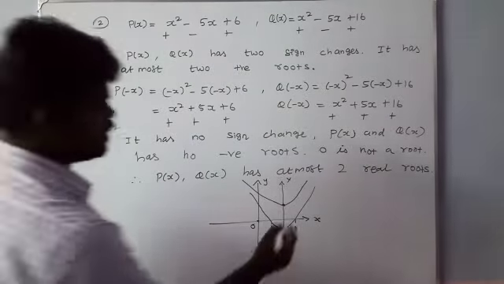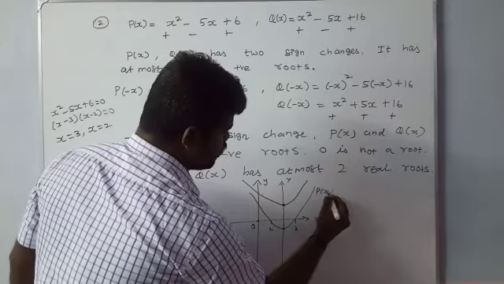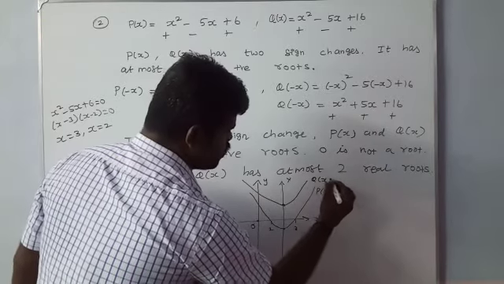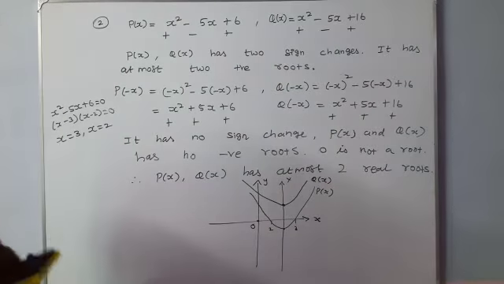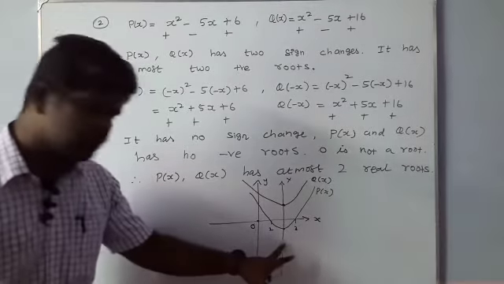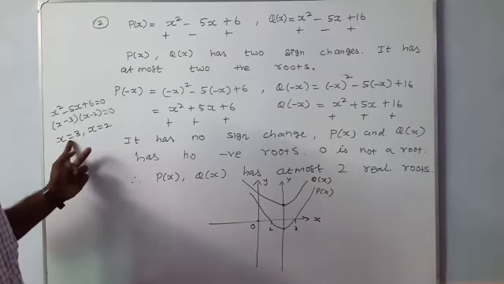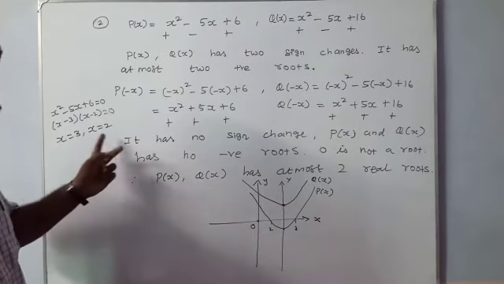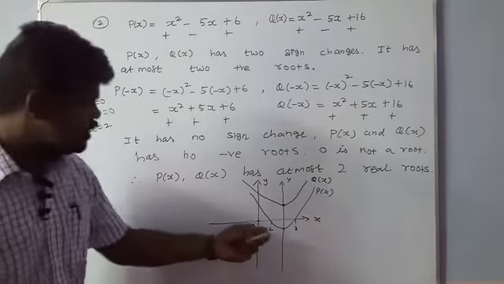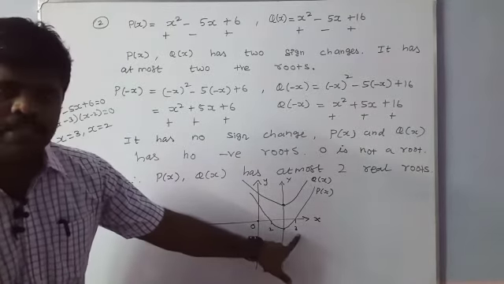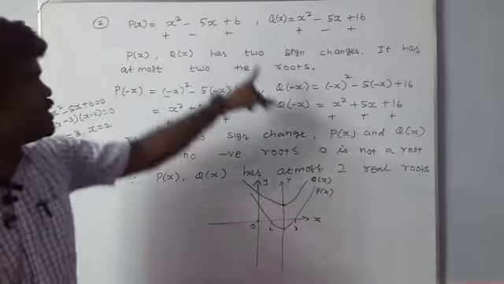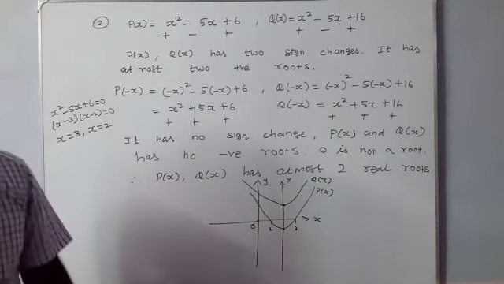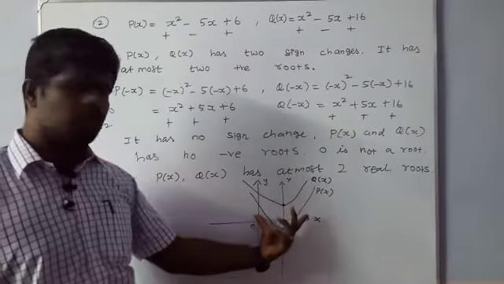This is the p of x curve and this is the q of x curve. Drawing only a rough sketch is enough. We want to find the factors x equal to 3 and x equal to 2. In the first parabola, it intersects the x-axis at 2 and 3. This is an upward parabola because of the x square form.